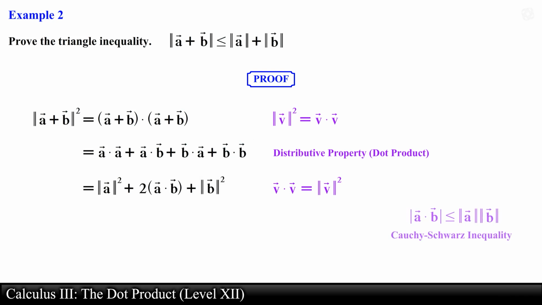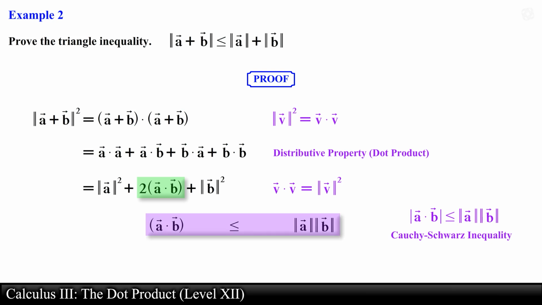Then we are going to use the Cauchy-Schwarz inequality as a way to introduce the inequality symbol. Notice that the middle term of this expression is 2 times the dot product of vector A and vector B. We already know that the dot product between two vectors is less than or equal to the product of the vector's magnitudes.